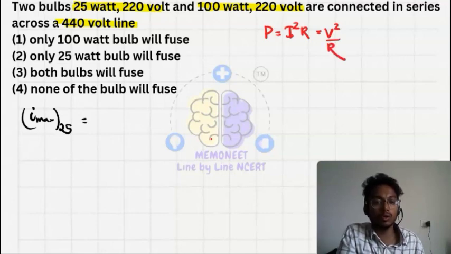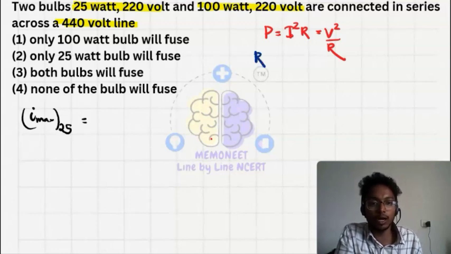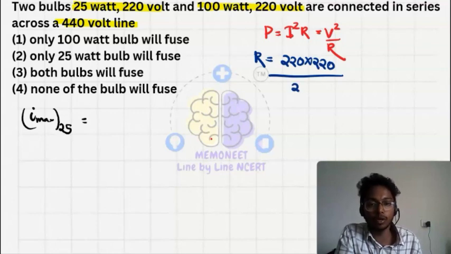So let's find out the resistance first. What will be the resistance for the 25 watt bulb? R is equal to V square upon P, so 220 into 220 upon 25.